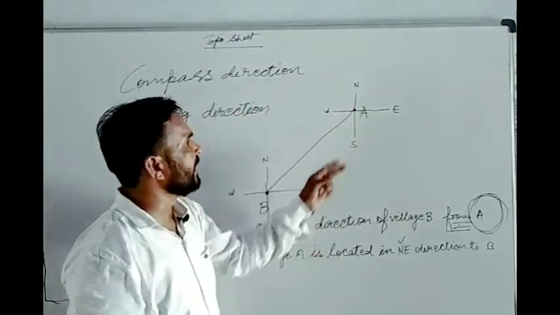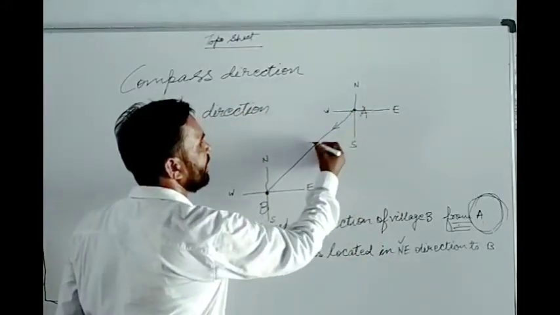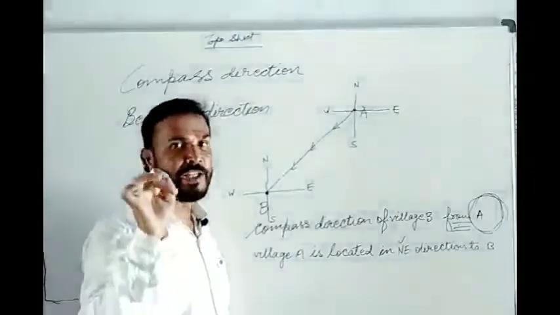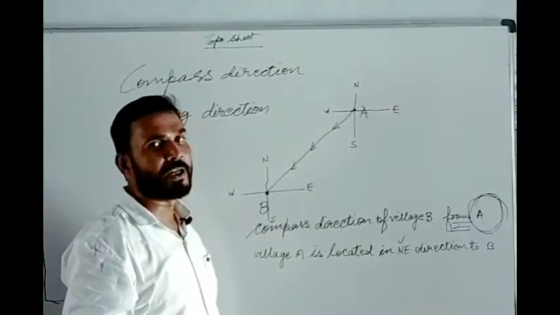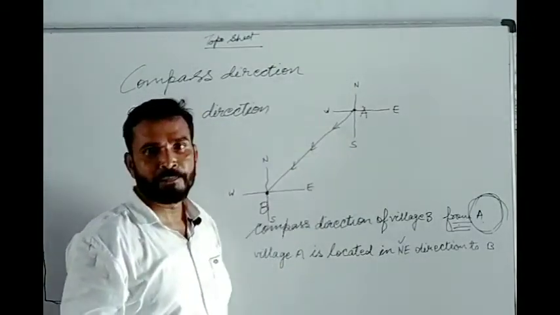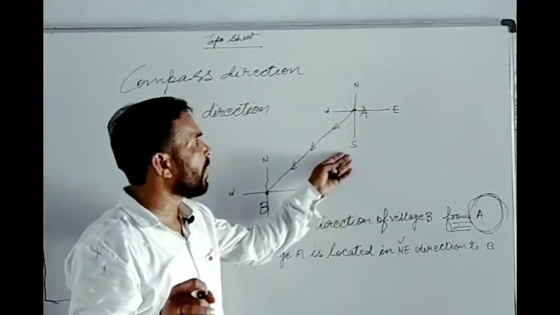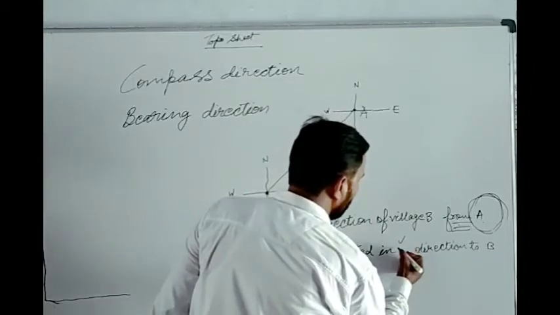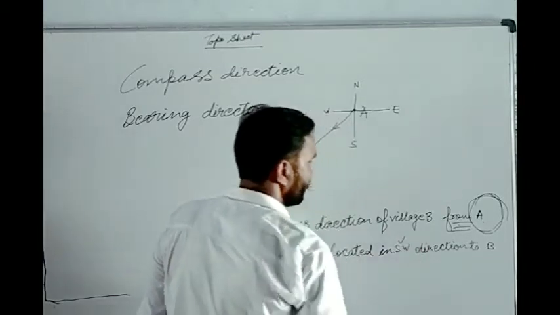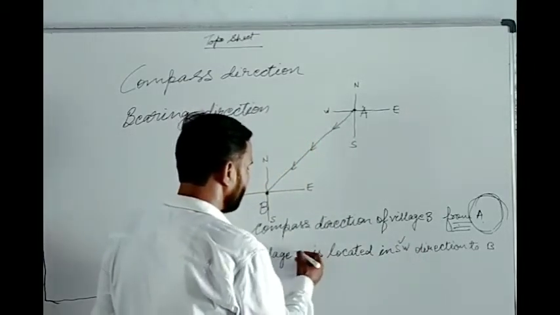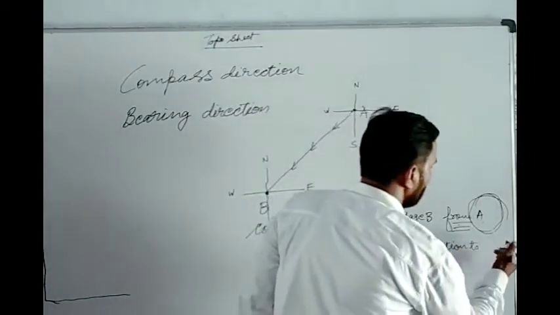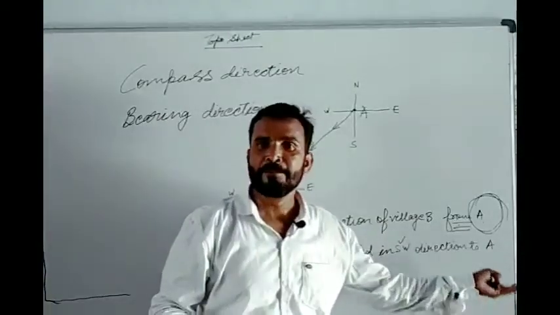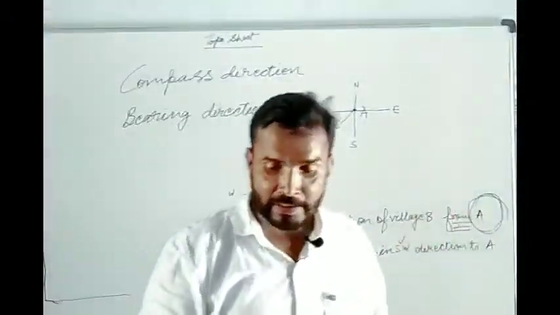So the direction is clearly south-west. Again you have to remember, you will not write west-south. You have to write south-west only. So the answer will be south-west. Village B is located to the southwest direction of village A.